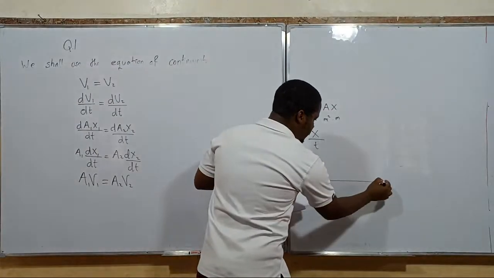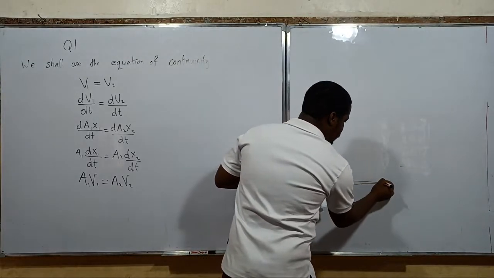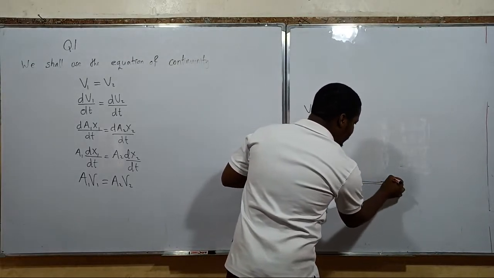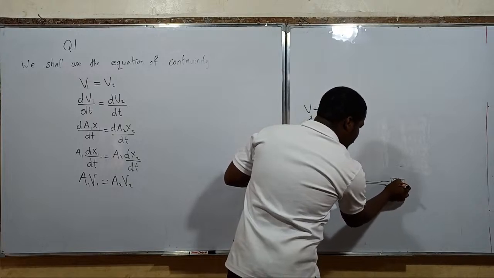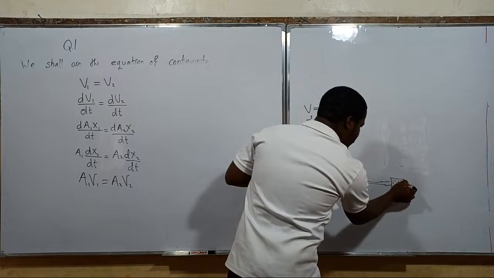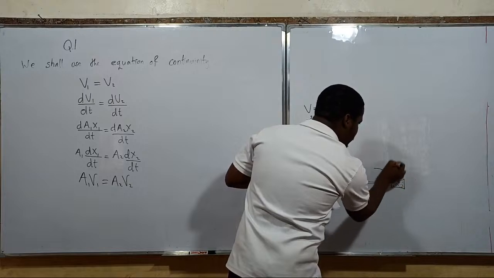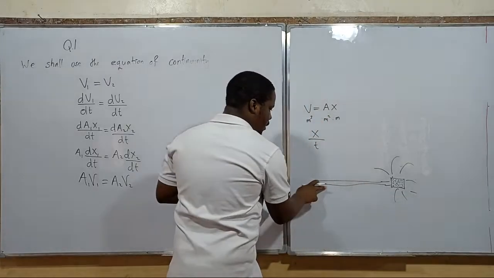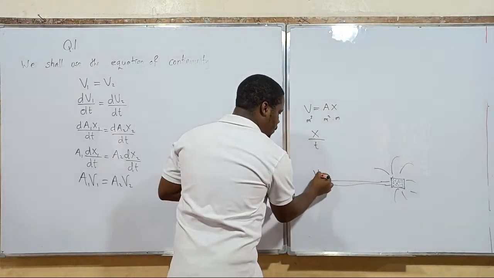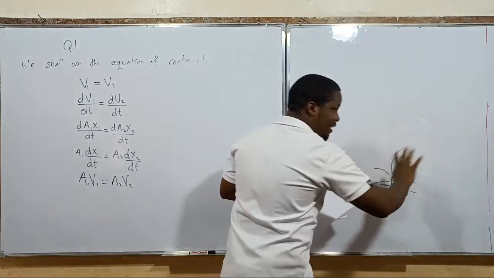You have a hose pipe, which is connected to this sprinkler. Now, this sprinkler has a lot of holes. You know how a sprinkler works, right? It has a lot of holes such that the water will be spraying out in all directions. That's what it's saying. So the amount of volume of water going in will be equal to the amount of volume of the water leaving.